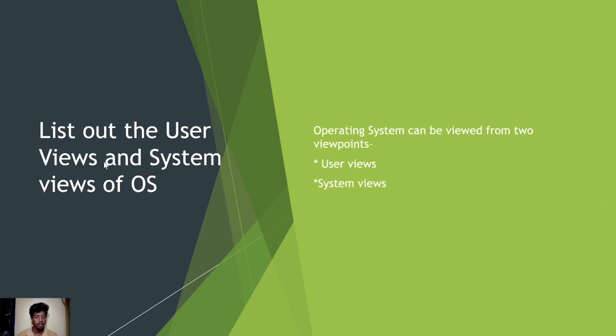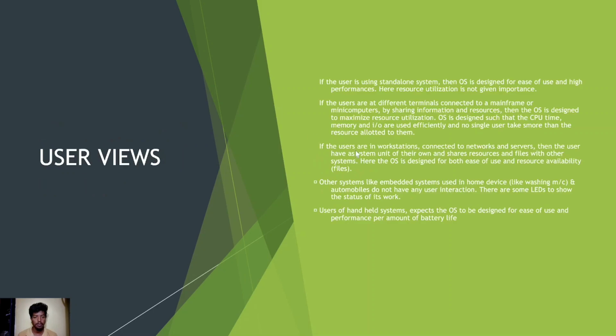List out the user view and system view of OS. An operating system can be viewed from two points: user view and system view. User's view. If the user is using a standalone system, the OS is designed for ease of use and high performance. Resource utilization is not given importance.